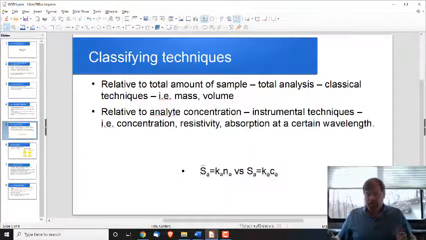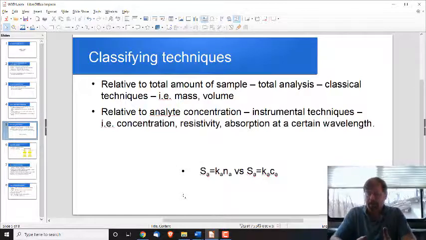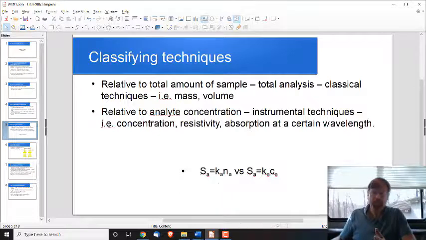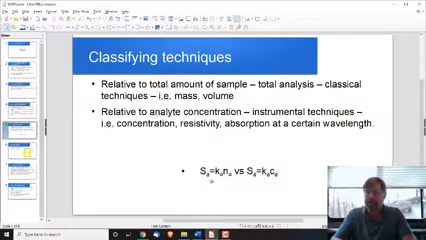The book will go into quite a bit of detail with the math here. The important thing to remember on this math is this S here is the signal. So it's the intensity of the signal. It's your resistivity measurement. It's your mass measurement. It's the output of your measurement. So your measurement is proportional either to the total amount of something or the concentration.